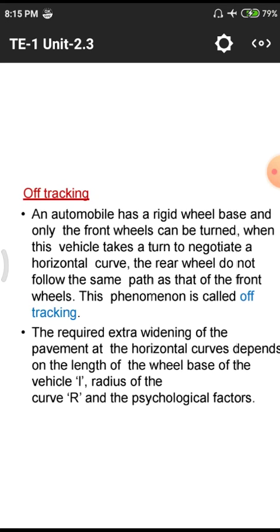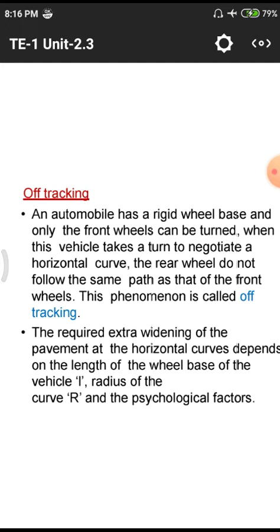The next one we are having is off tracking. What is off tracking? First of all, we have to know what off tracking is. An automobile has a rigid wheelbase and only the front wheels can be turned. That means any automobile, any bike or car or lorry or tractor, whatever it may be, in all of those motor vehicles we have only front wheel accessibility for moving in direction.